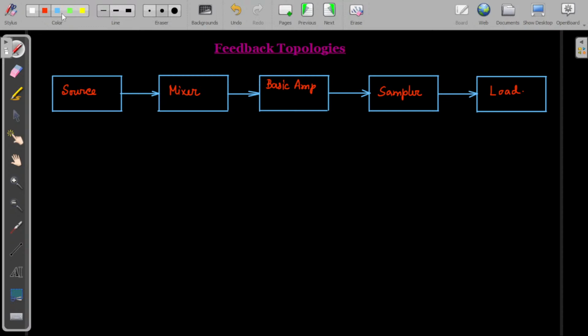Now in this feedback amplifier, if I look from here in this direction, the resistance that I will see, let us take it as RI. RI is the input impedance of this basic amplifier. Similarly, if I look in this direction from this point, I will get another input impedance, but this is the input impedance of the total feedback amplifier.